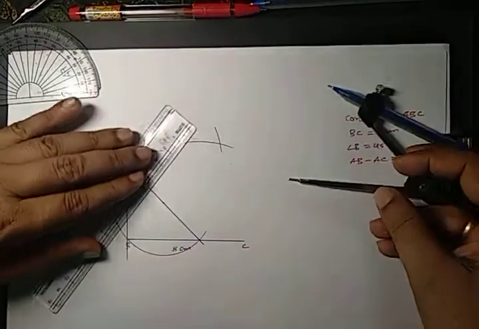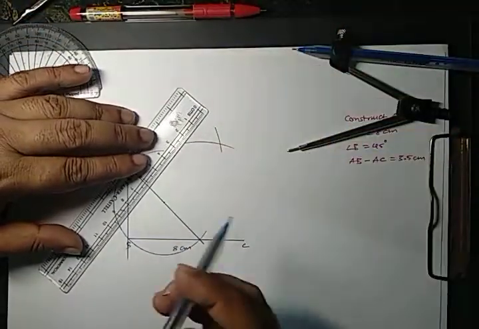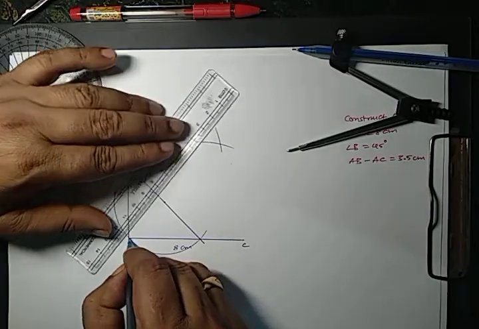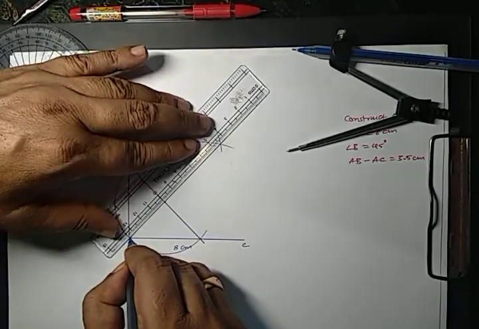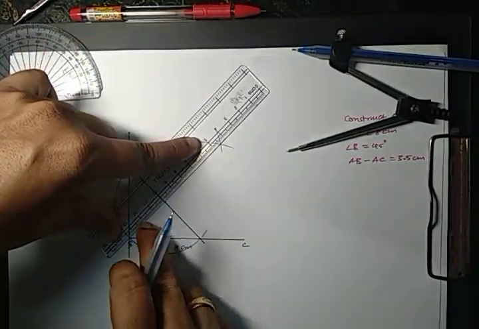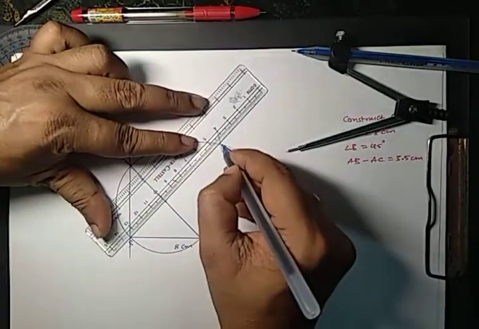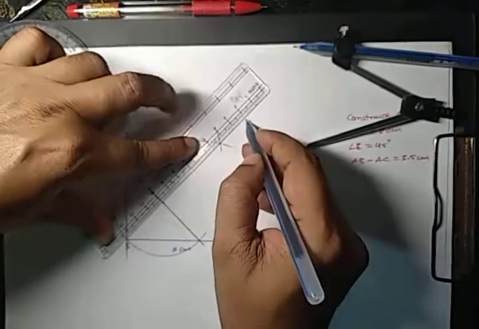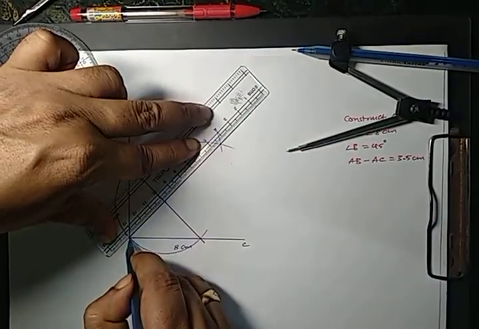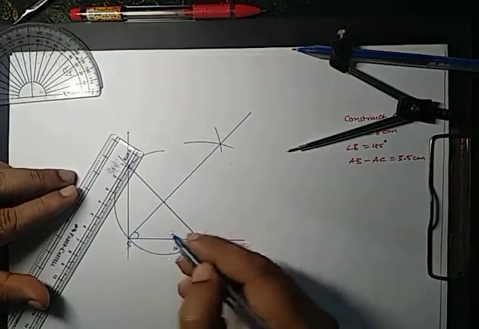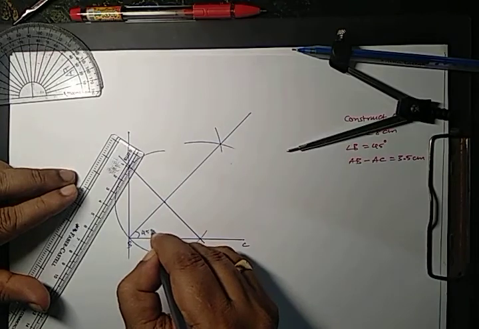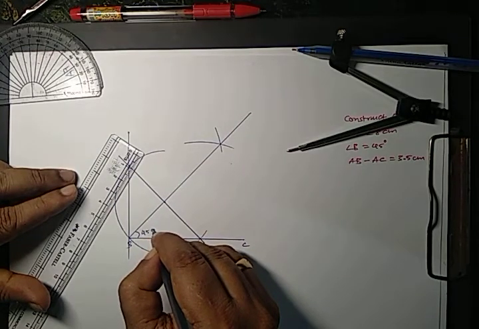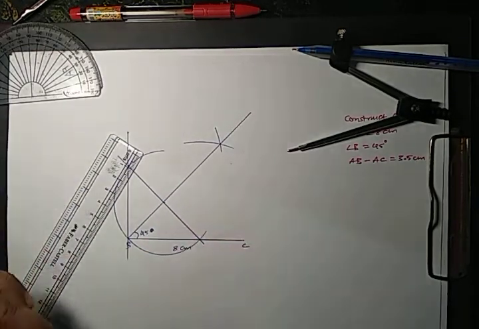Now I join this. I need 45 here. So I keep it there, and now this is 45 degree, sorry, 45 degree.